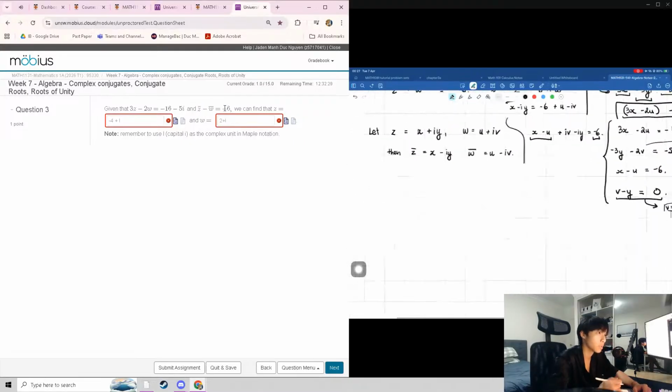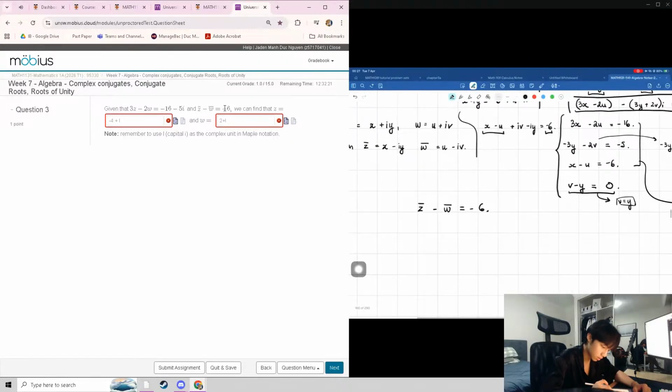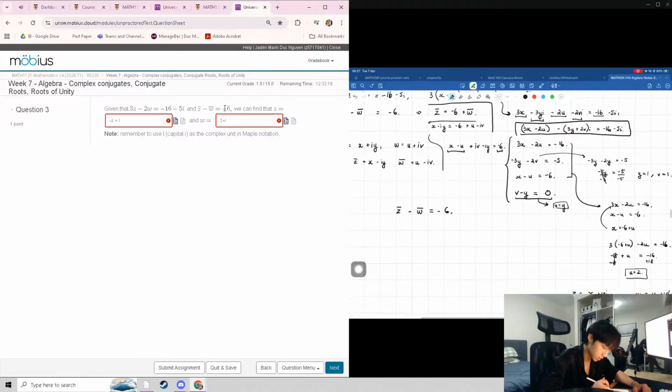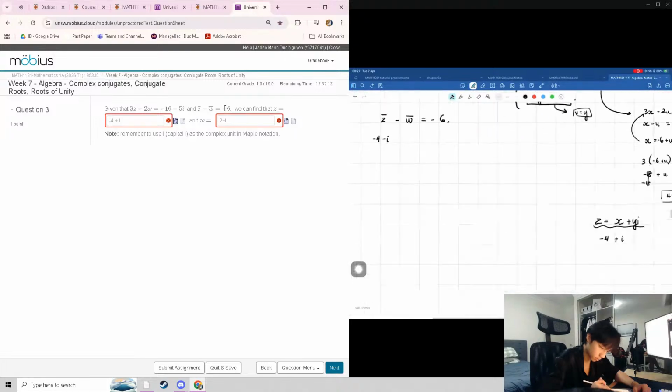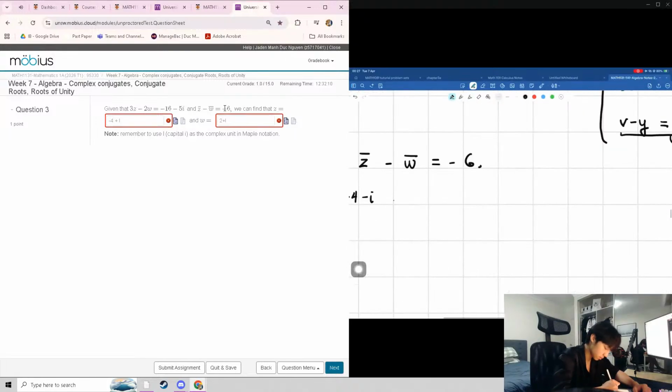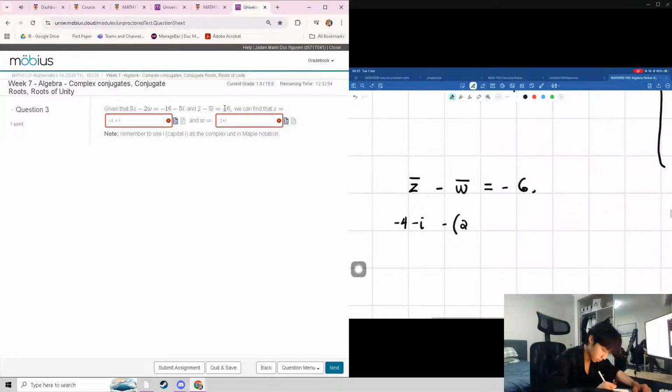Let's check actually. Z conjugate minus w conjugate is equal to minus 6. And so if we get Z conjugate, that's minus 4 minus I, minus 2 minus I. We get minus 6 minus I plus I is equal to minus 6.